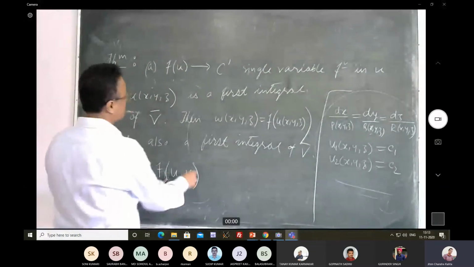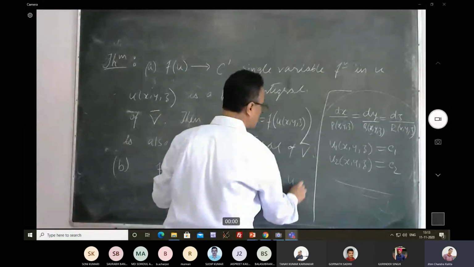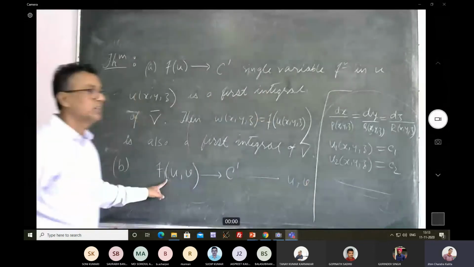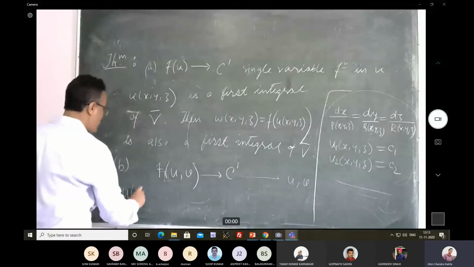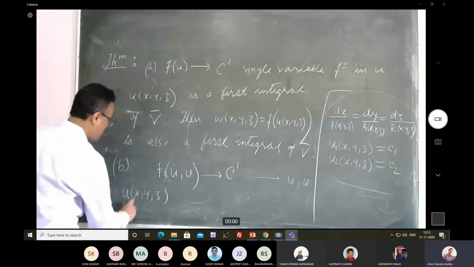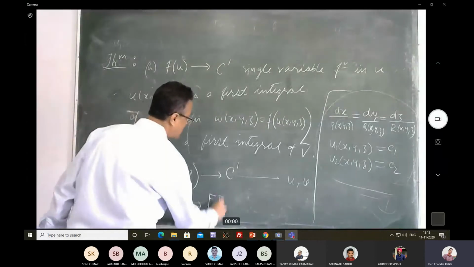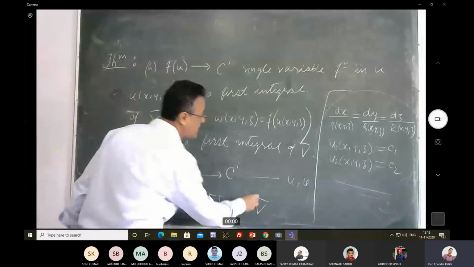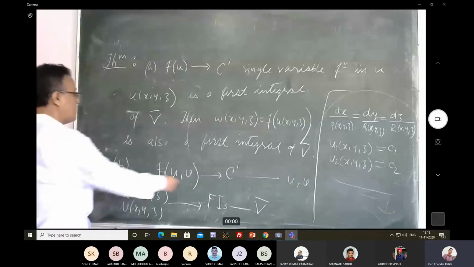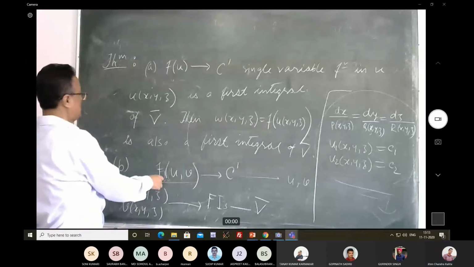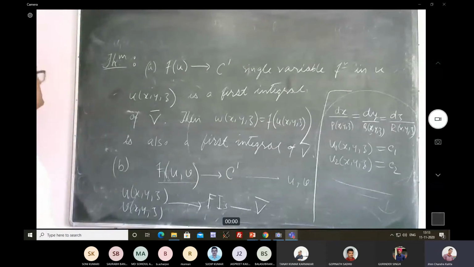This is again a C1 function in two variables u and v, and your u(x,y,z) and v(x,y,z) both are first integrals of V. Then you have to show that the function f of u comma v is also a first integral.